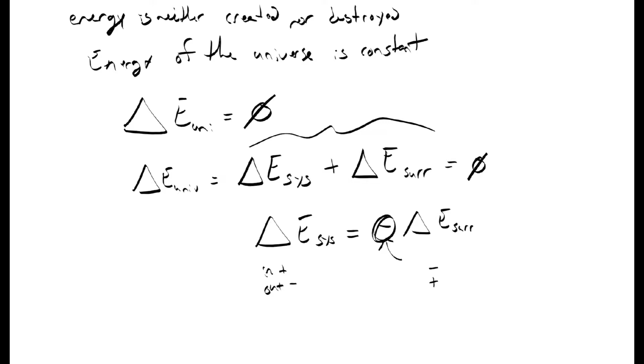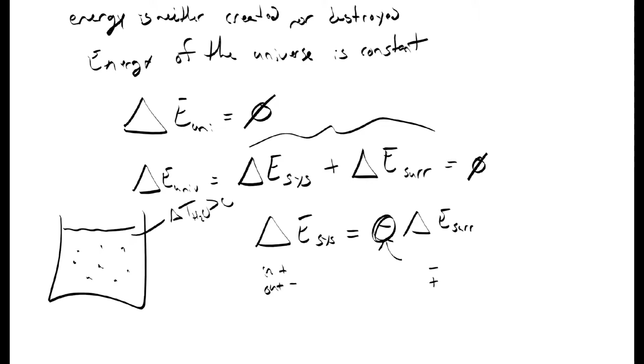So let's go ahead and, just really quick, go back to our previous example of the reaction. Okay. So we have our stuff dissolved in water. It's reacting, and it is causing the water to heat up. Okay, so change in temperature for the water is greater than 0. That means that heat is going from the reaction into the water.